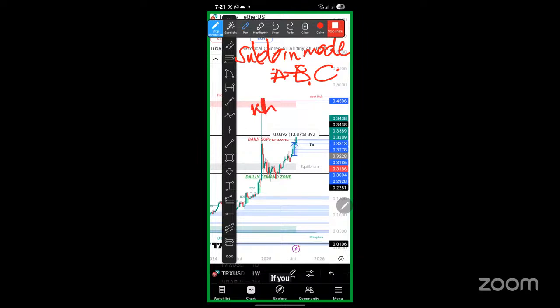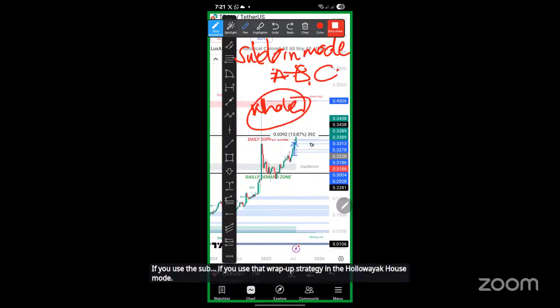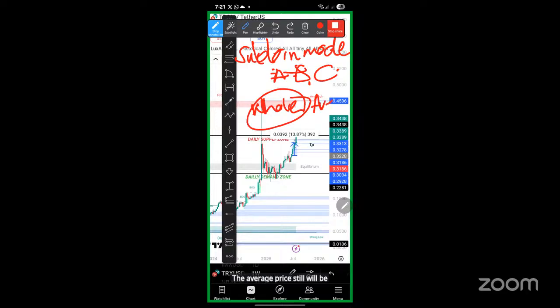if you use double up strategy in the whole warehouse mode, the average price still will be closer to the current price.